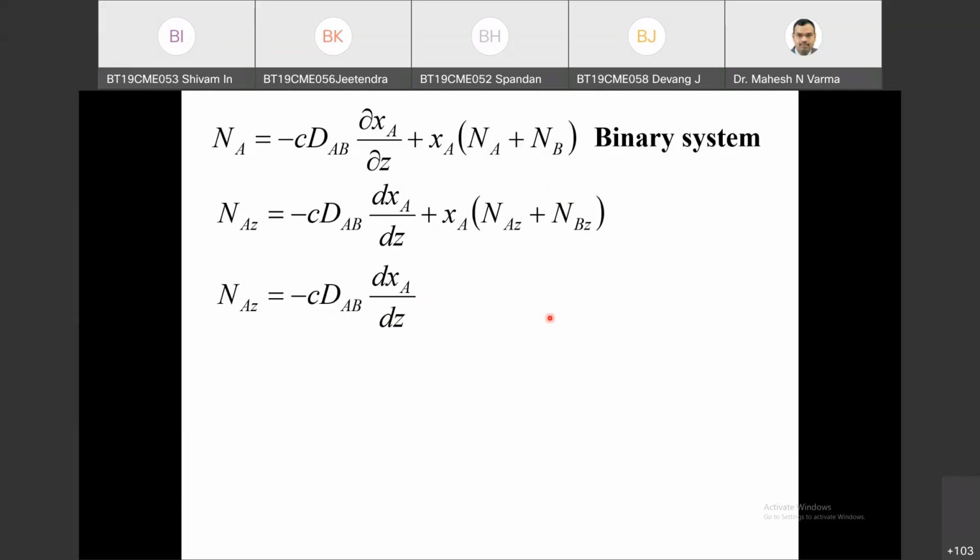Hello, sir. Devang. Yes, sir. We can assume that there is no bulk motion. Yeah, there is no bulk motion. Here we are assuming motion of a molecule in a liquid, and that is not because of a pressure difference or something.